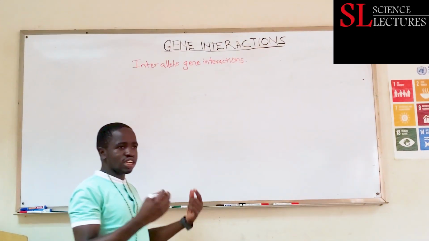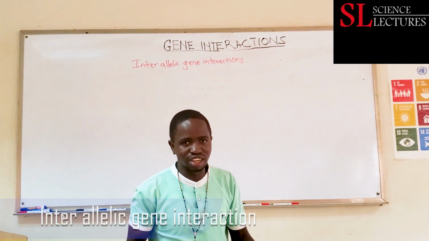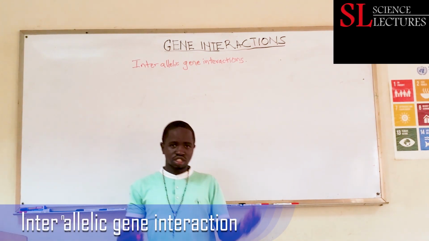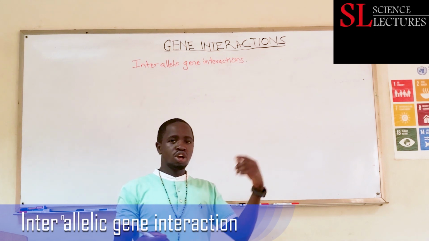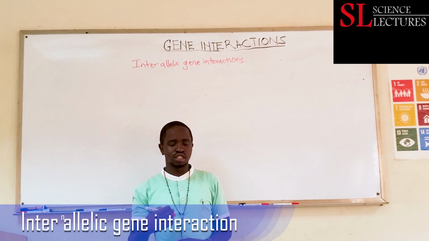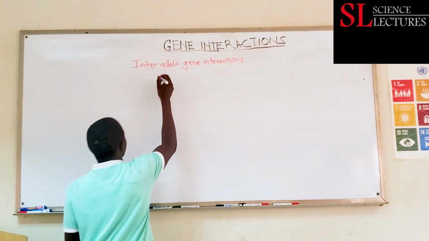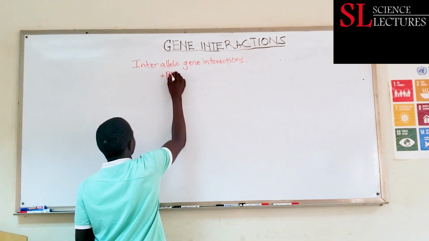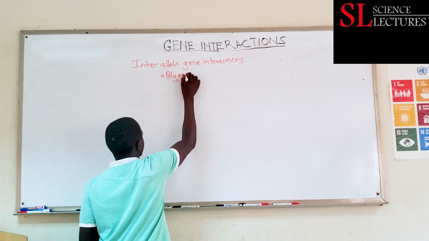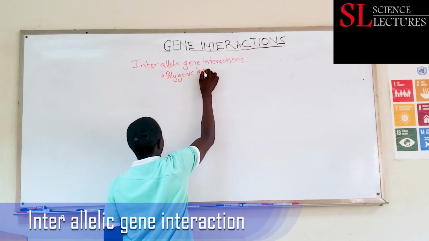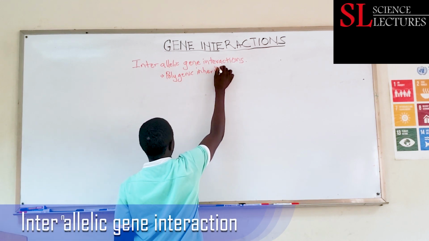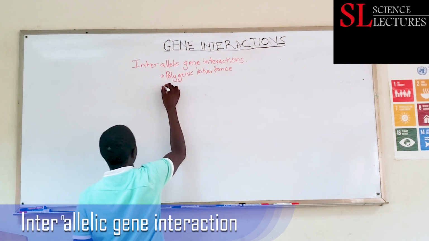So inter-allelic gene interactions, as you hear, are the interactions of genes located on different homologous or non-homologous chromosomes. And there are many. We have what they call polygenic inheritance. We have what they call complementation.